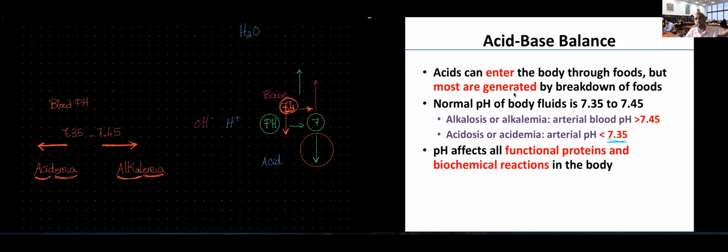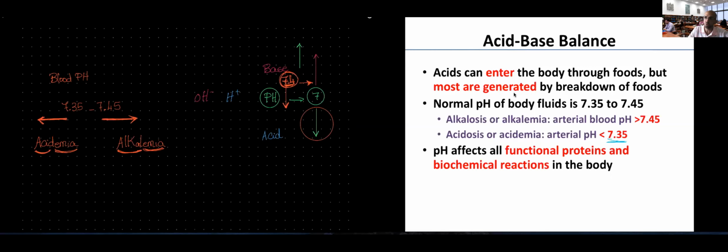Again, acidemia is going to be diagnosed if a person has a blood pH below 7.35. Alkalemia, if I have a blood pH greater than 7.45. Other names that we give for acidemia and alkalemia, which are more commonly used, are acidosis and alkalosis.